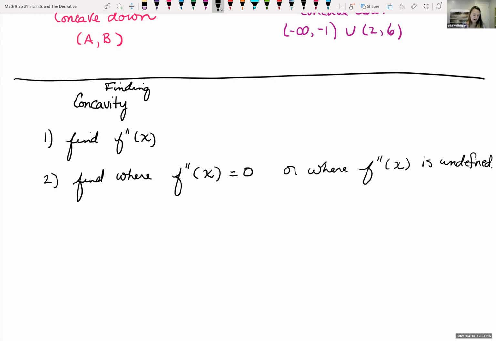And these are places where it could change concavity. And so these are possible inflection points.